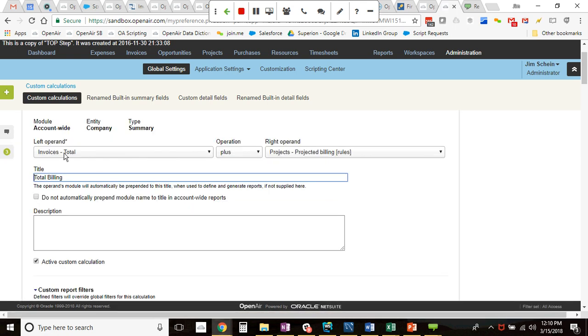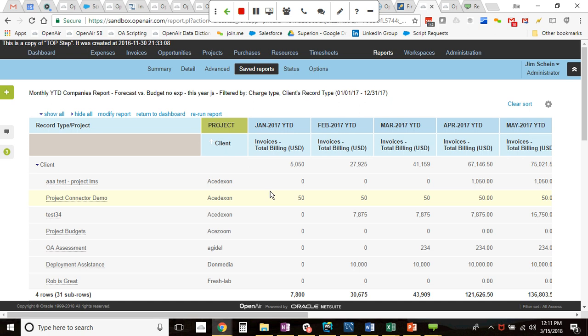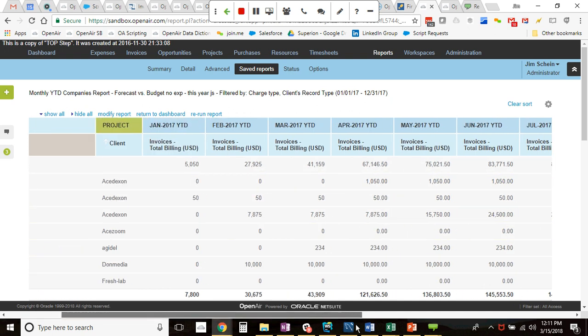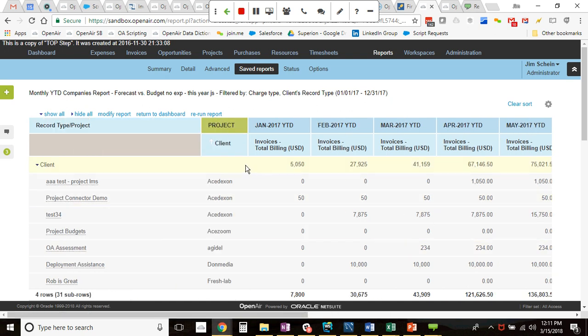So we have our invoices total, which is what we've actually billed, and we're adding our projected billing from our billing rules. And so what that would provide me is a view of what this looks like in the past and in the future. So if I'm looking at this report in April of 2017, for example, I will know that this data is real, this actually happened, and this data is our forecast. So you can kind of combine the two into one report.